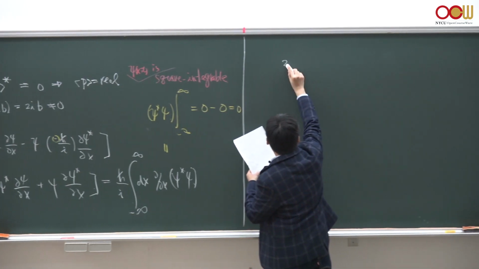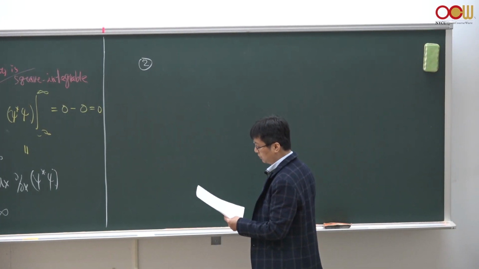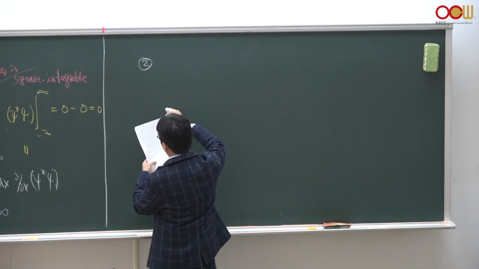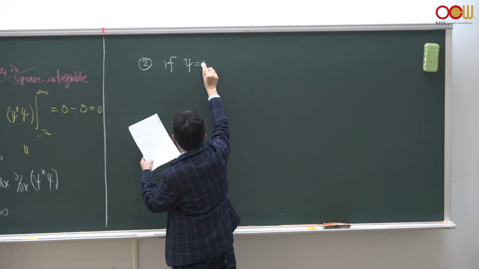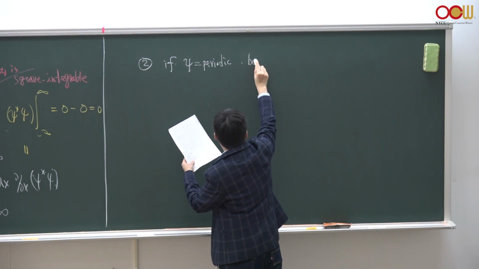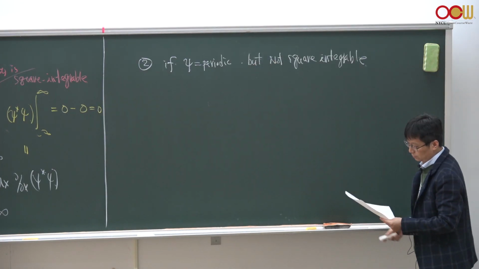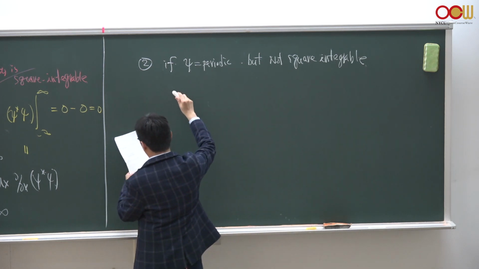Okay, but we could also use a second approach to confirm this real-valued expectation of the momentum operator: if psi is periodic but not square integrable, we can also show that this expression of p should be real.